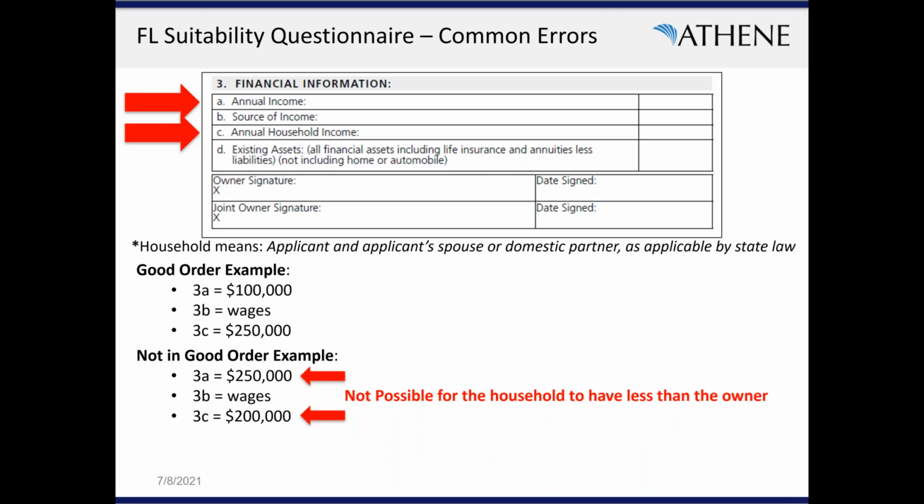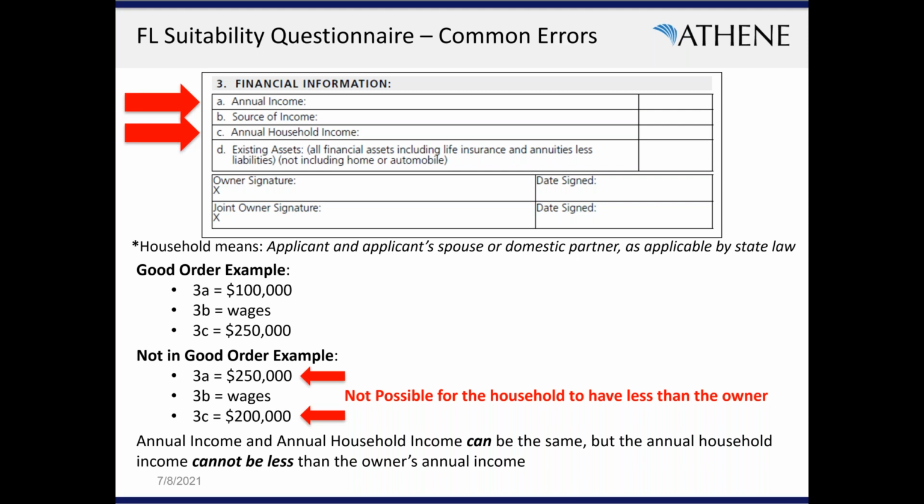So 3C should not be less than 3A. Annual income and annual household income can be the same, but the annual household income cannot be less than the owner's annual income. Making sure that that information matches up prior to submitting to Athene will help save some back and forth.